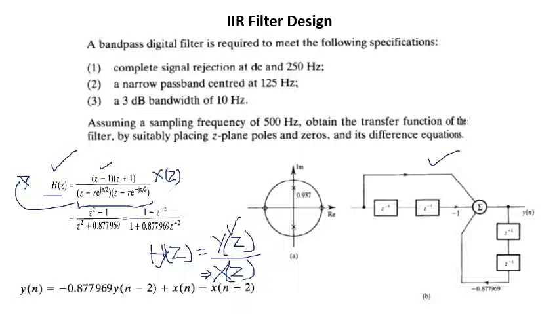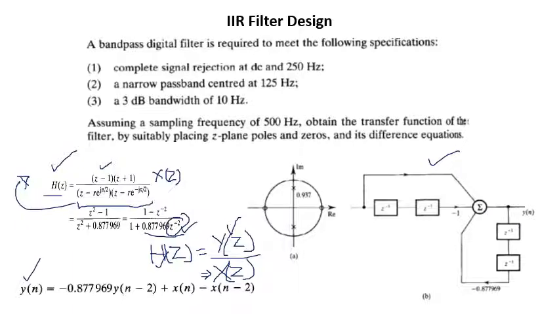Okay, so it will be something like y minus this one, right? That will be y of z times this thing. So when we take the inverse, the inverse of y of z will be y of n, and the inverse of this will be 0.8796 into y of n minus 2, because z power minus 2 multiplication means delay by 2 units.